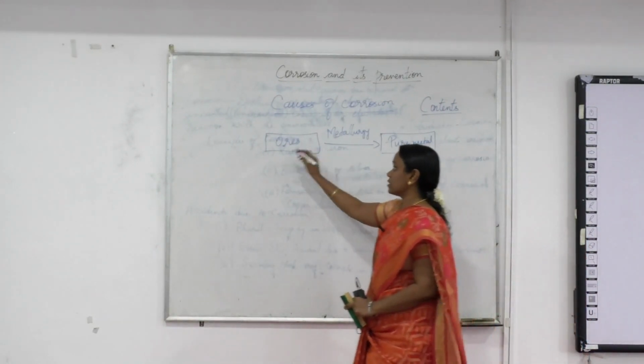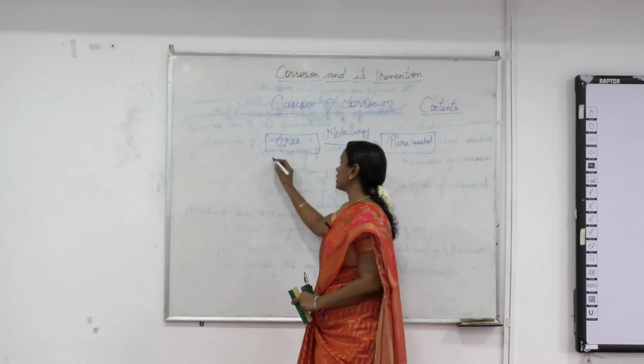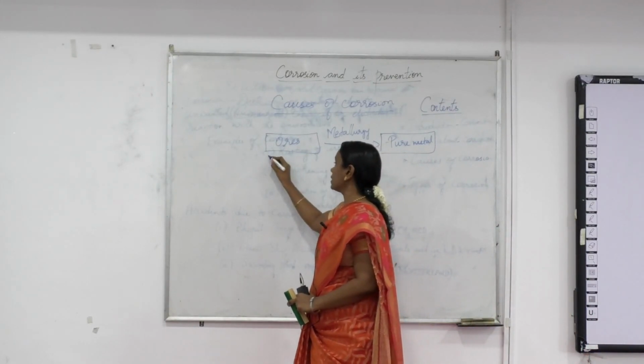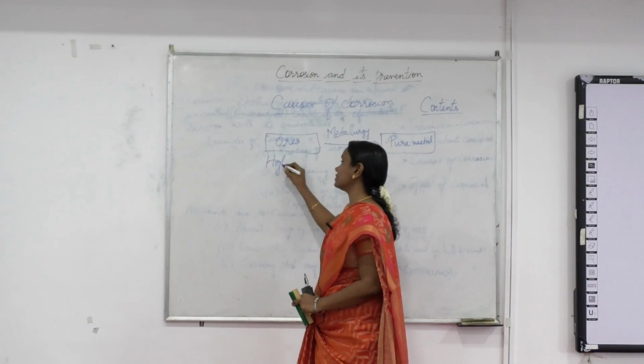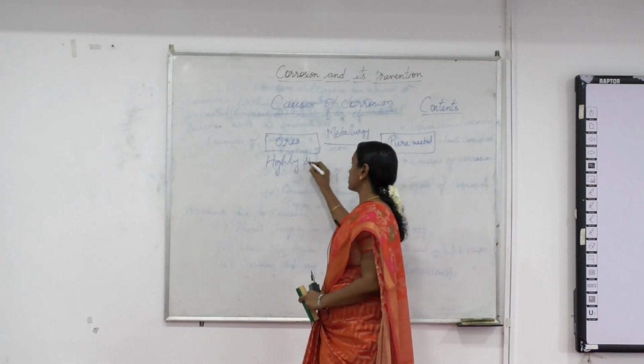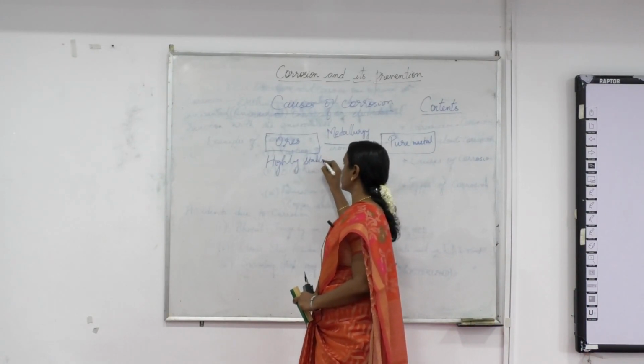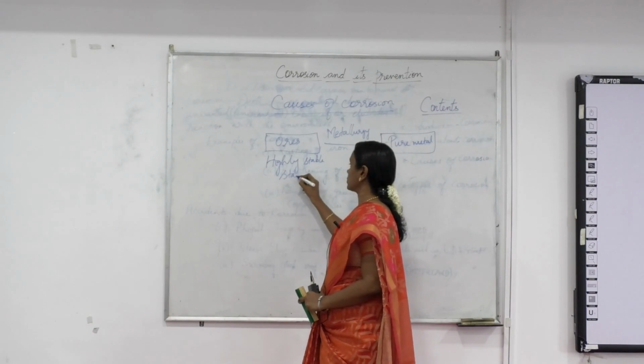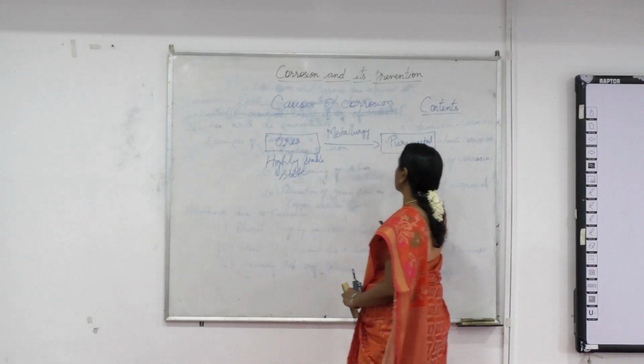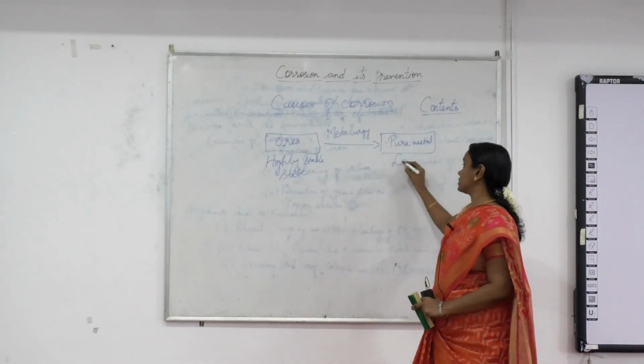So when in the state of ores, the metals are in a highly stable state, and pure metals are in a less stable state.